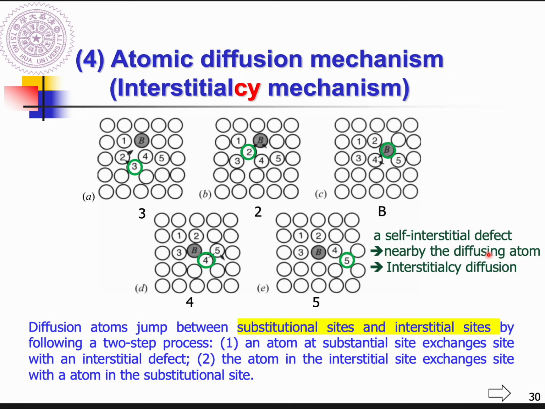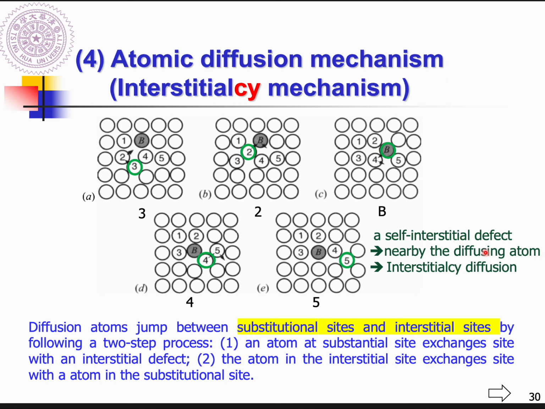The other type of diffusion mechanism you learned before is somewhat similar to this one, which is the vacancy-mediated diffusion mechanism. In that mechanism, there is for sure a vacancy nearby the diffusing atom, right? But here there is a self-interstitial defect nearby the diffusing atom.